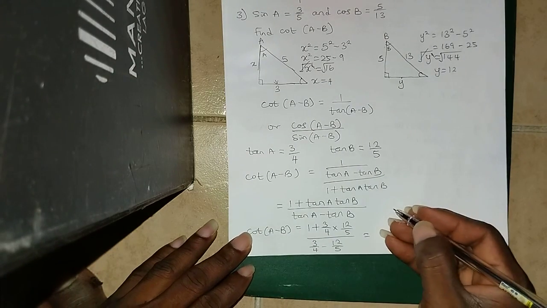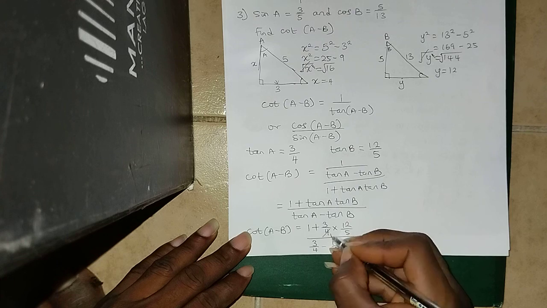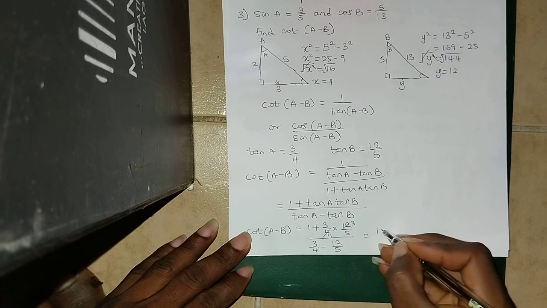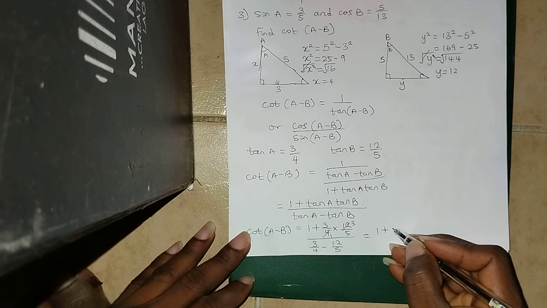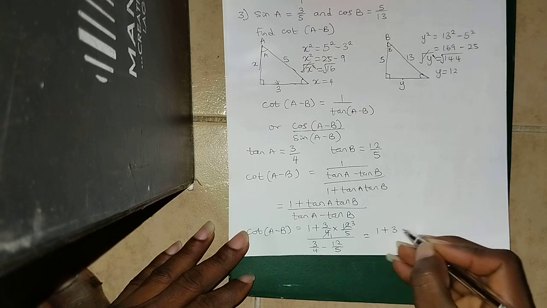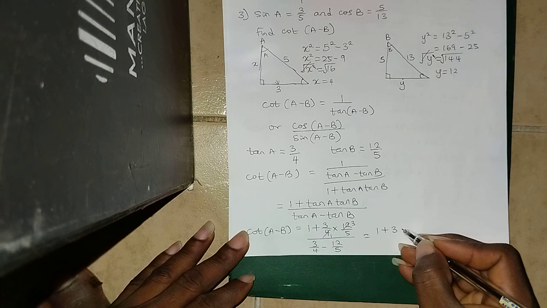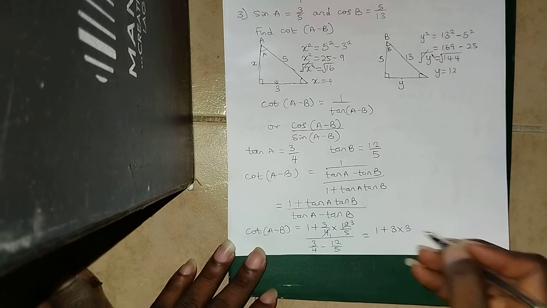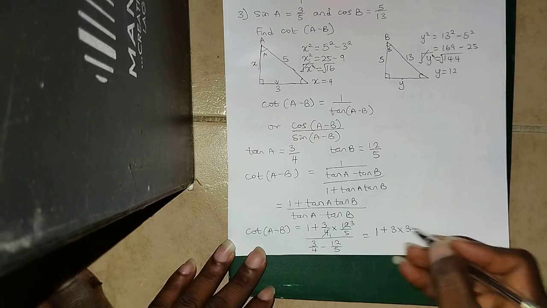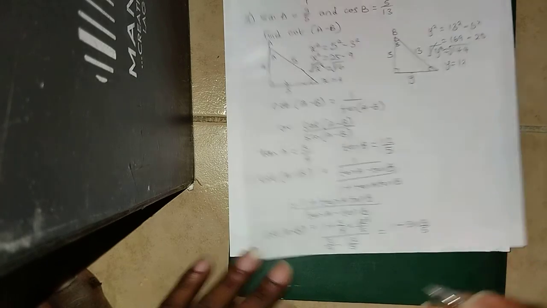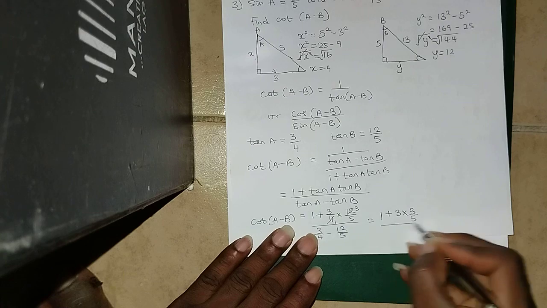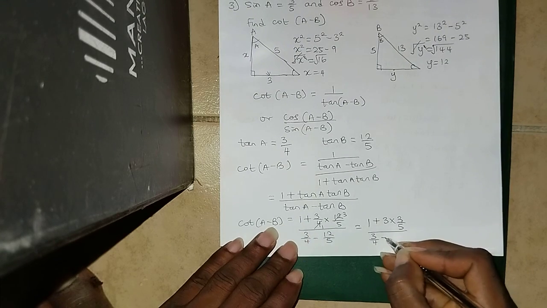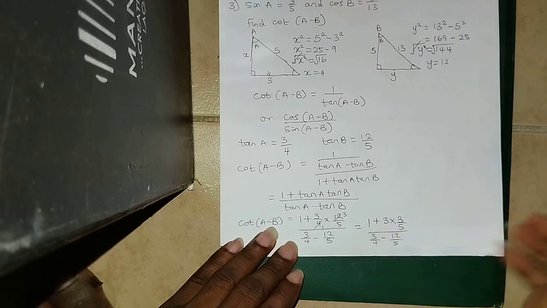So I can cancel this, 1 cancel this, 3. Okay, so I have 1 plus 3 times 3, and we should not forget that this one is a different number, over 5, and it's all over 3 over 4 minus 12 over 5.